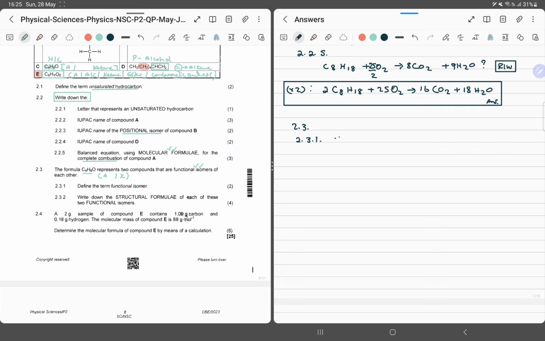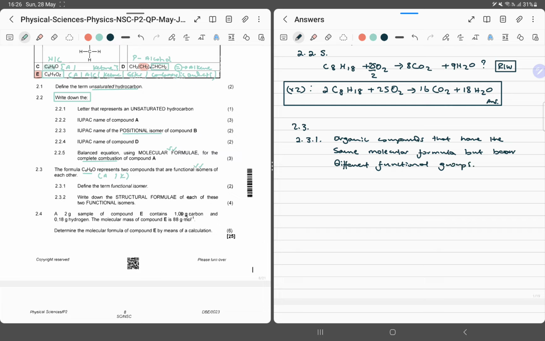These are organic compounds that have the same molecular formula but bear different functional groups.